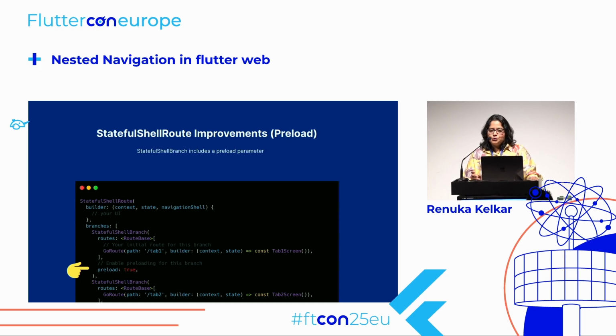If you say true, then before displaying that branch, when the branch is created, it's loaded into your stack. So you get a really smooth transition when navigating between pages. I think this is a really good addition.